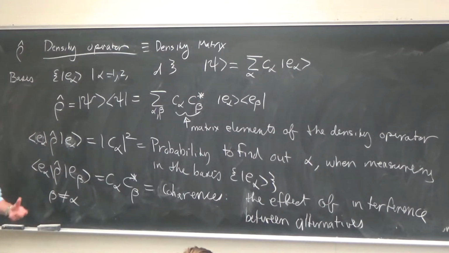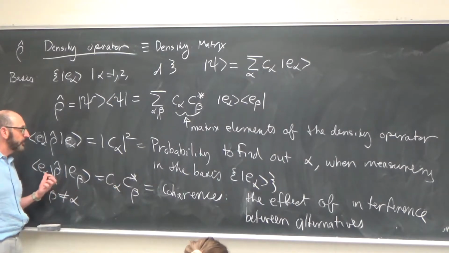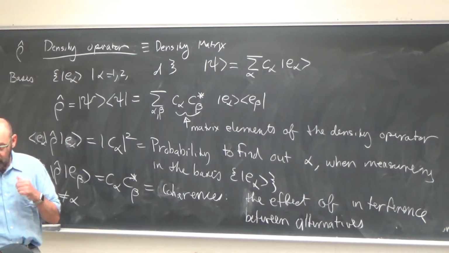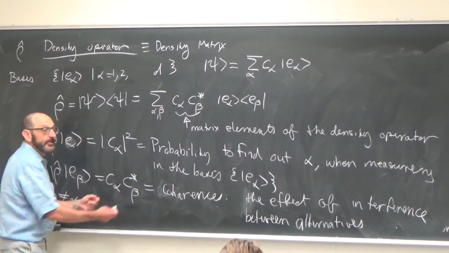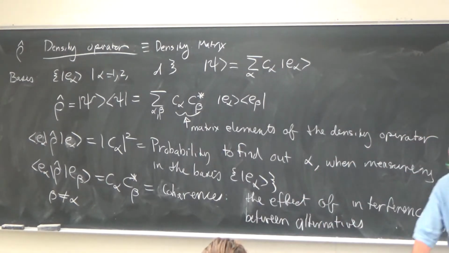So a system which has coherences, has large off-diagonal elements of the density operator, means that there can be some experiment I do for which interference between these alternatives will manifest itself. Let's think of such an example.